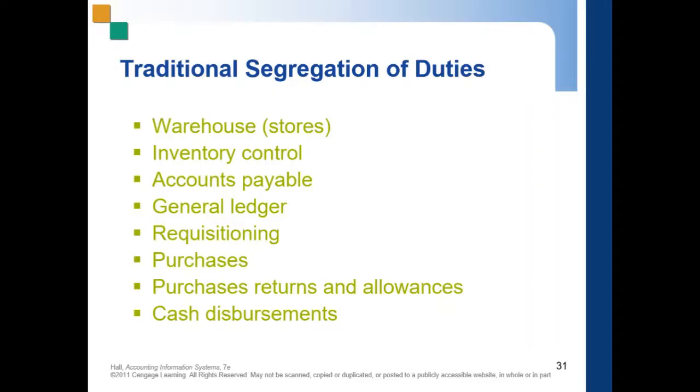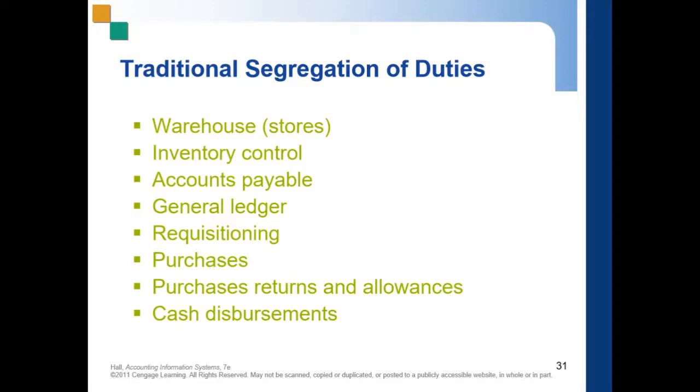So these functions should be separate from the one doing the recording. So who are the ones doing the recording? That is your general ledger and your accounts payable. Now, these functions should also be separate from the one doing your authorization. So who are those? These are your inventory control and your purchases, right? So again, just go back to those basic three functions.